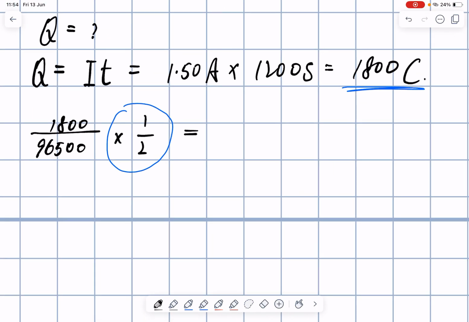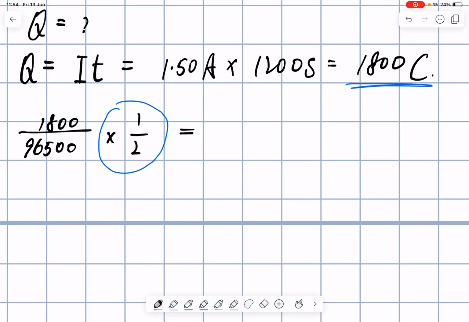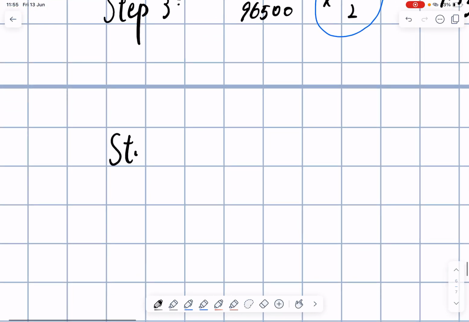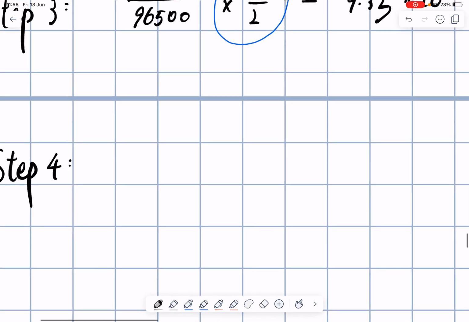Here we put all of these values in our calculator and we will get 9.33 times 10 to the power of minus 3 moles of Pb2+ reduced.